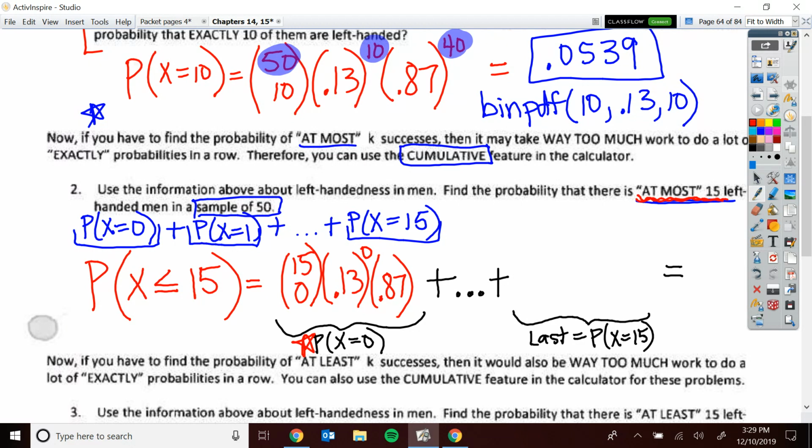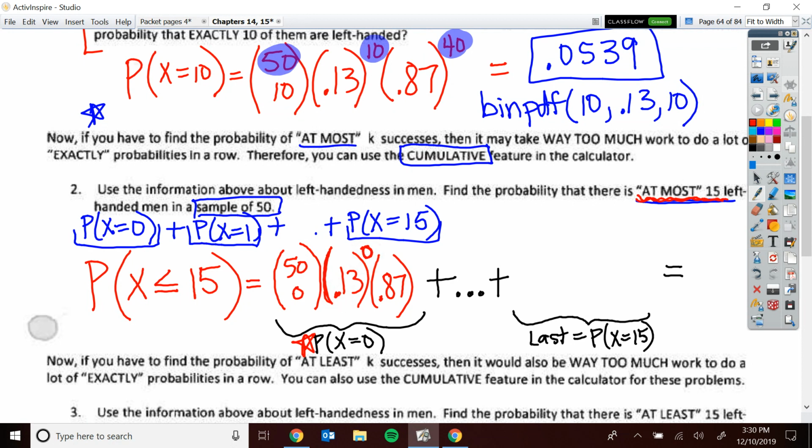That's wrong because our n is not 15. So I had my little first part written incorrectly. So sorry there. This is out of 50 men, I want 0 successes. There we go. And then now I got 0.13 to the 0 lefties.